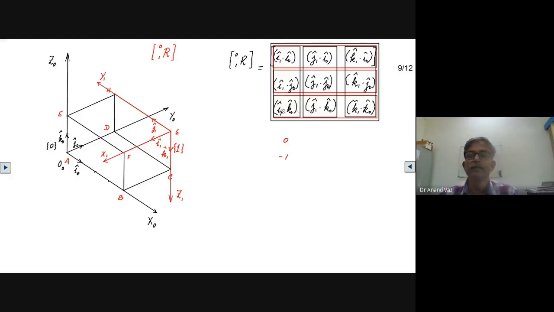Then I1 dot K naught: mutually perpendicular, so 0. You should verify for yourself that the magnitude of this column is 1. So this is our first column.